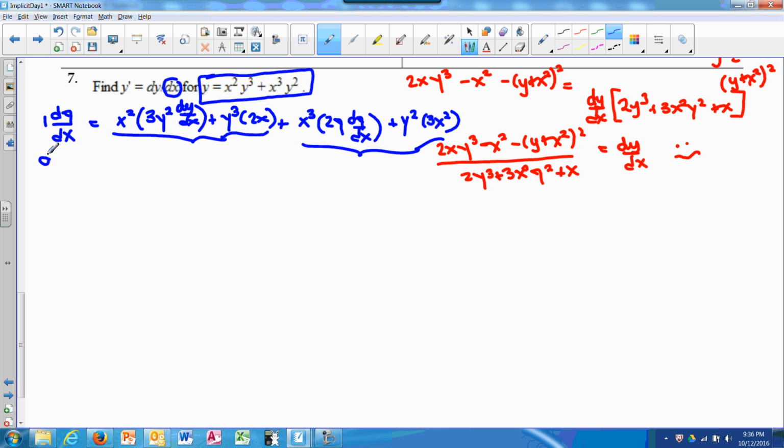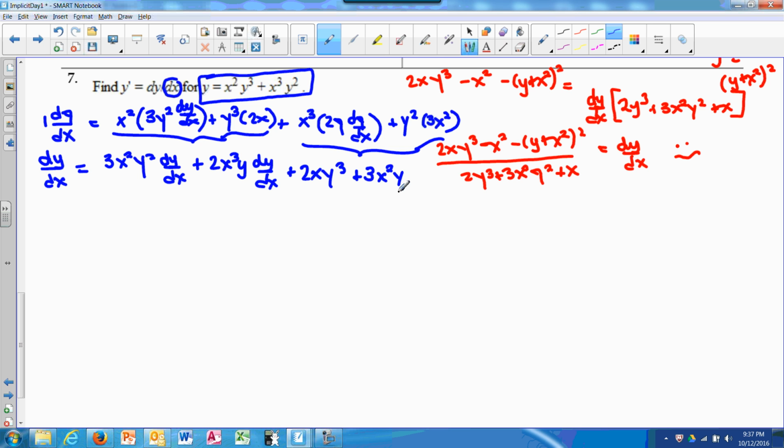Now, I have dy dx on the left-hand side, 3x squared y squared dy dx, plus a 2x cubed y that has a dy dx, plus 2xy cubed, plus 3x squared y squared.